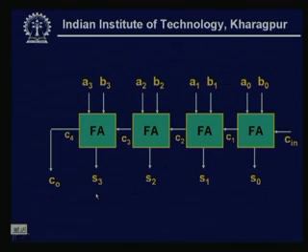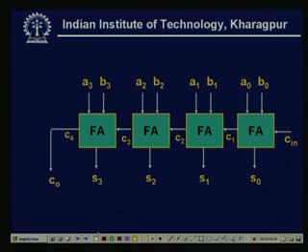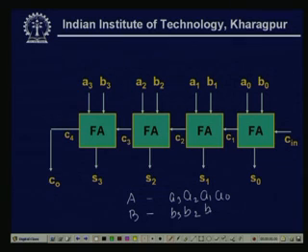Now, for a 4-bit adder, I have to add A, say a 4-bit number A3, A2, A1, A0 and B as B3, B2, B1, B0.